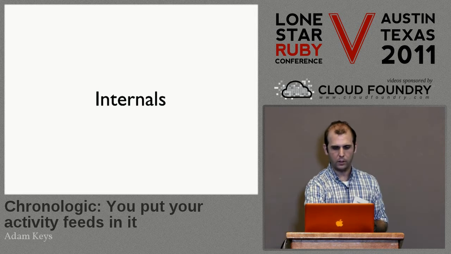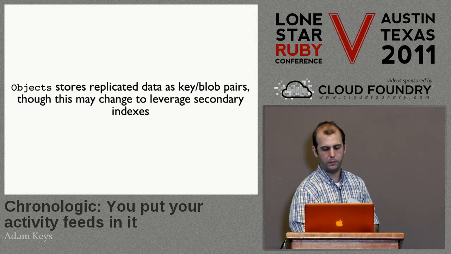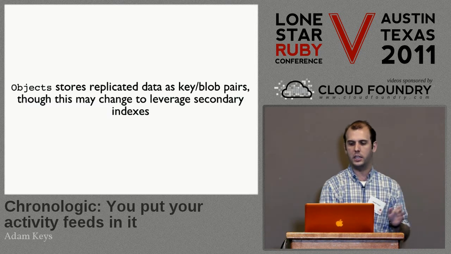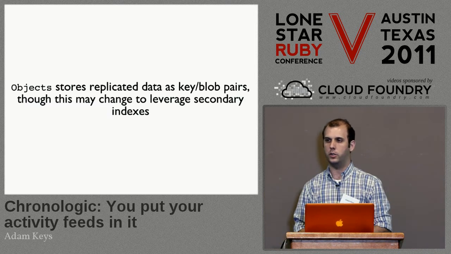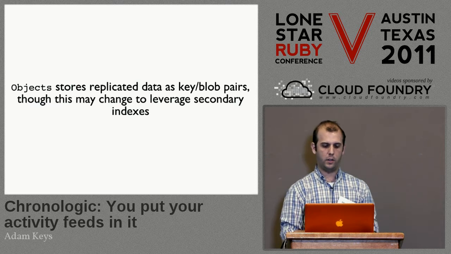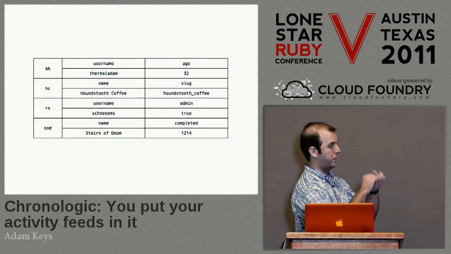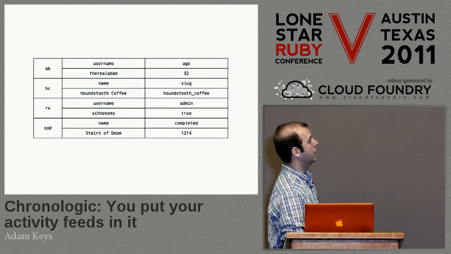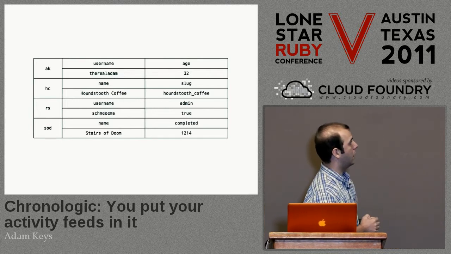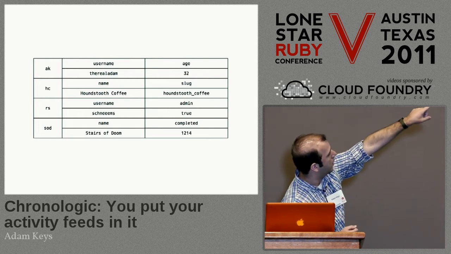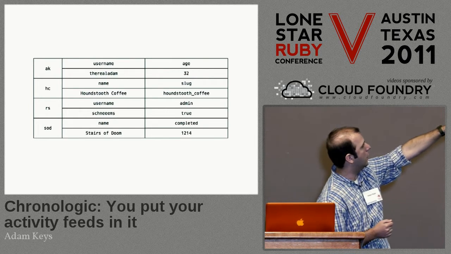The internals: objects are stored as replicated data in key-blob pairs, just like we looked at earlier, though I might change this to use secondary indexes in the future. So this is basically what objects look like in Chronologic. You've got the key on the left, and then the column and value along the right.